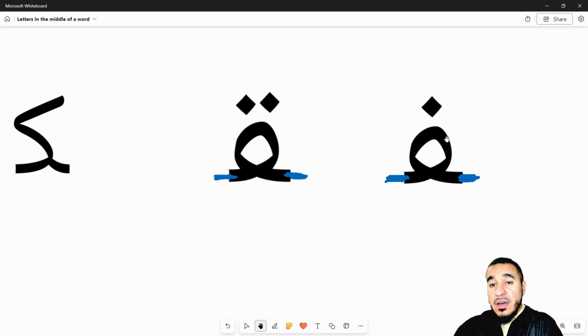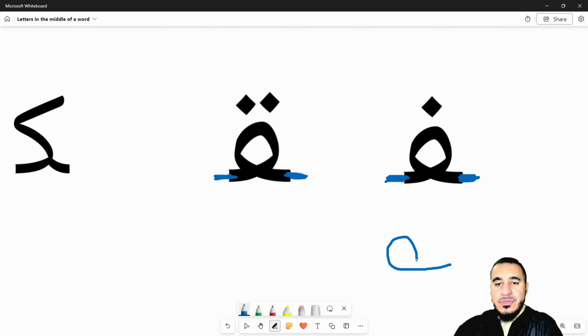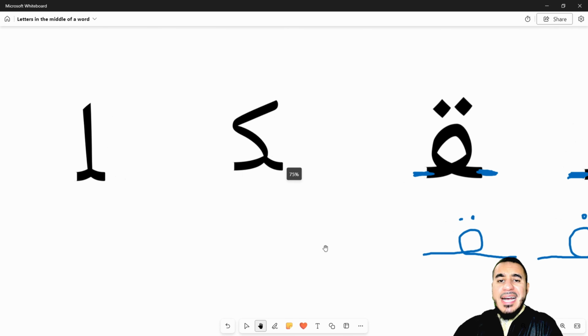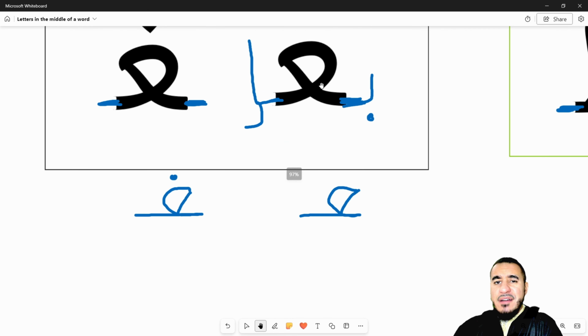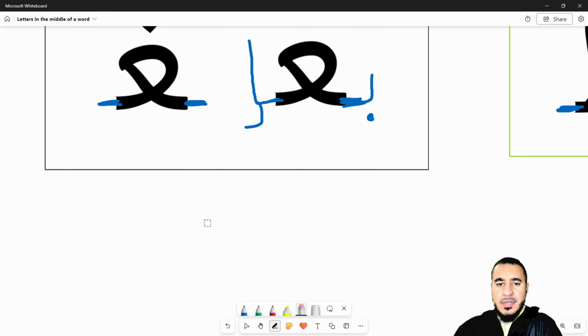The fa and the qaf will be round, okay? They must be round when they are in the middle of a word, okay? The fa will be round, and the qaf will also be round, okay? As for the ayn and the ghayn, then you can see that they will have this type of shape, okay? So let's just rub these two bits out here. The ghayn, it will be like this, all right? It won't be circular. Sometimes it can even be written like a triangle as well, okay?